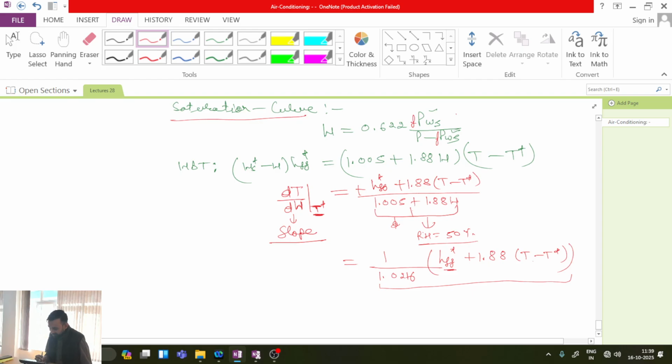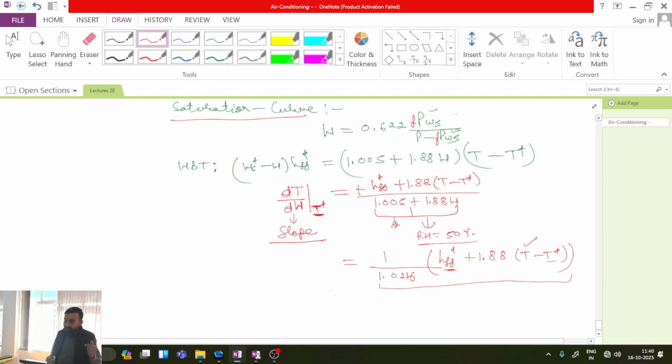Plus 1.88 into T minus T star. Here again T star is fixed, the only variable over here is T. So it means that whatever slope I have for the constant wet bulb temperature line, it is not entirely a constant value, because at different temperatures it will have different values.